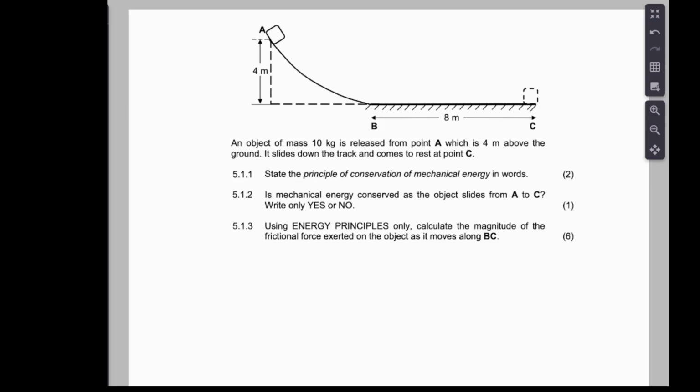Isolated system meaning that there are no external forces, right? There's no friction, no air friction, no force applied, none of that.